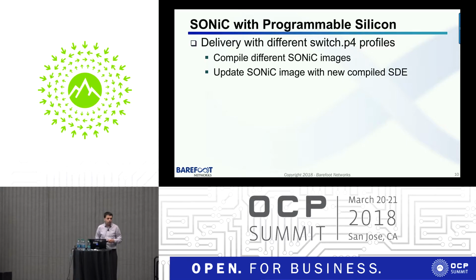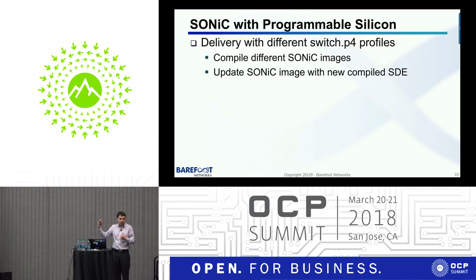Now, how we've actually deployed this. I talked about the initial challenge of doing SONiC with a programmable switch. The first thing that we've done is having different profiles on the reference P4 program that we have. But when you download a SONiC image, as you'll see, there's a tie-in of a SONiC image to a particular ASIC. So how can you make sure that the ASIC actually supports multiple P4 programs? The way at least that we're doing it today, and this is probably some work that the community has to engage in, is first, either we just deploy different SONiC images.